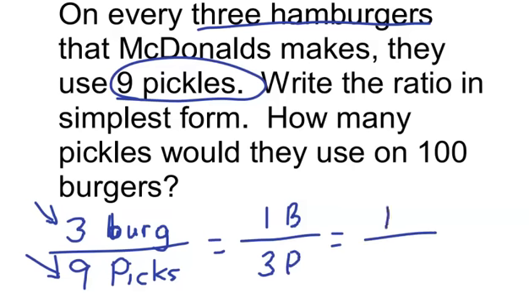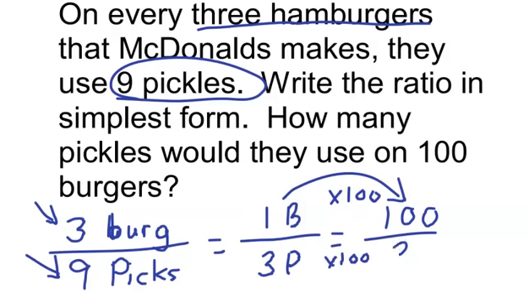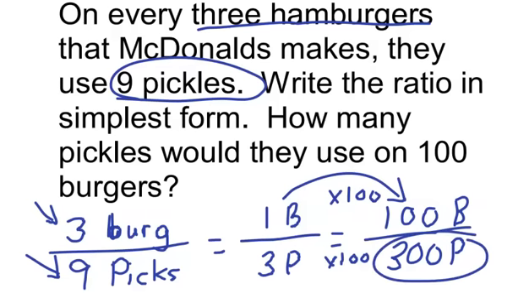To get to 100 burgers, all you have to do is 1 times 100. And of course, if you're doing that to the numerator, you do that to the denominator. So 3 times 100 is 300 pickles. So for 100 burgers, there's going to be 300 pickles. And that's how you would find that answer.